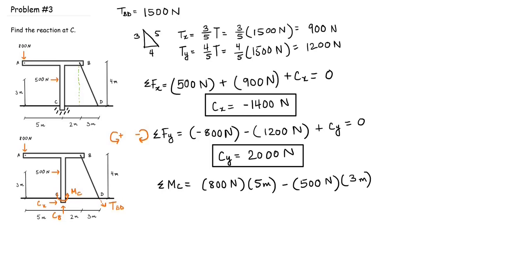We also have the y component of the tension, which is equal to 1200 newtons times the perpendicular distance of 5 meters, and this results in a negative moment. Finally, we have the moment about C from the fixed support, and this is all equal to 0. So after solving this equation, the moment about C is equal to 3500 Newton meters. So there you have it, guys.